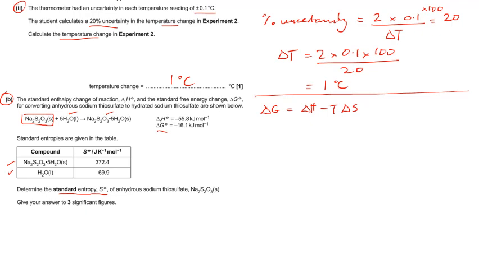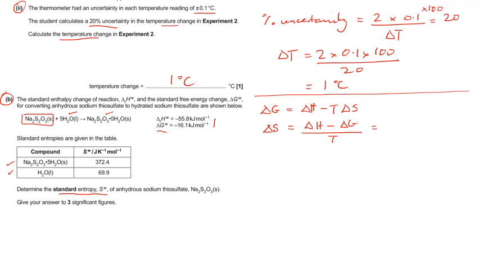Well, we rearrange the equation. Delta S is delta H take delta G all over T in Kelvin, and we're all at standard conditions here, so T is 298. Delta H and delta G we've been given, and they're both in kilojoules.